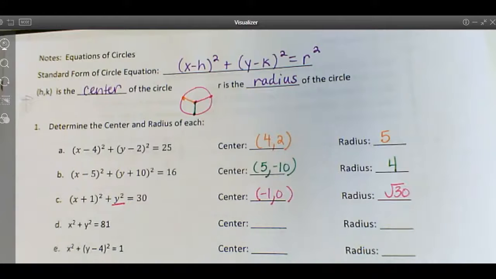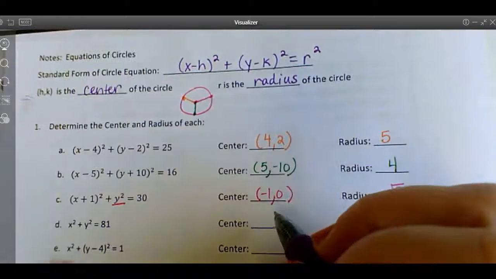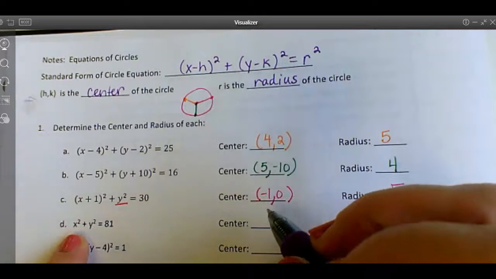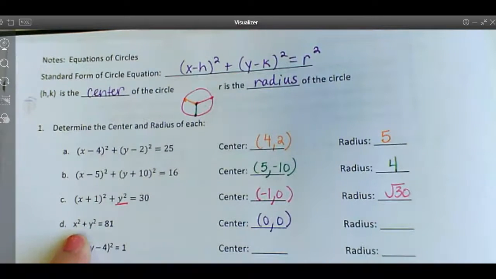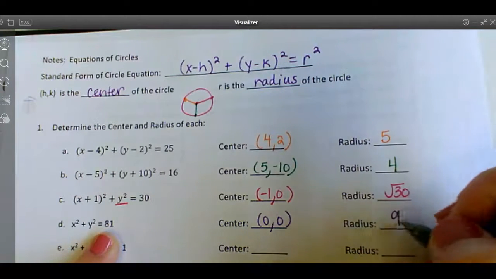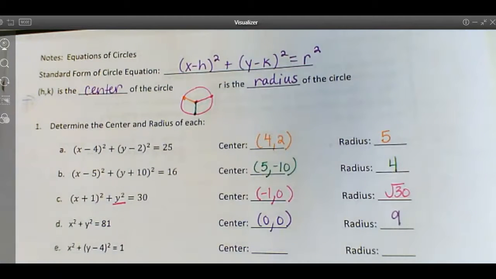So what do you think the center is going to be on D? 0, 0. Because there's nothing there. There's no parentheses, anything. That just means 0. 0 represents the center. And then we take the square root of 81 and get 9, and that represents the radius.